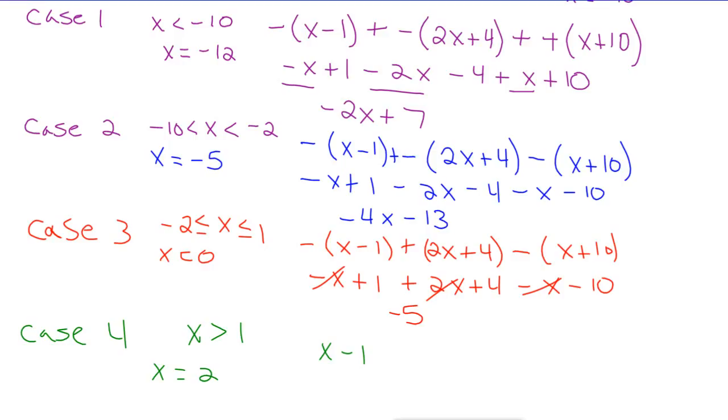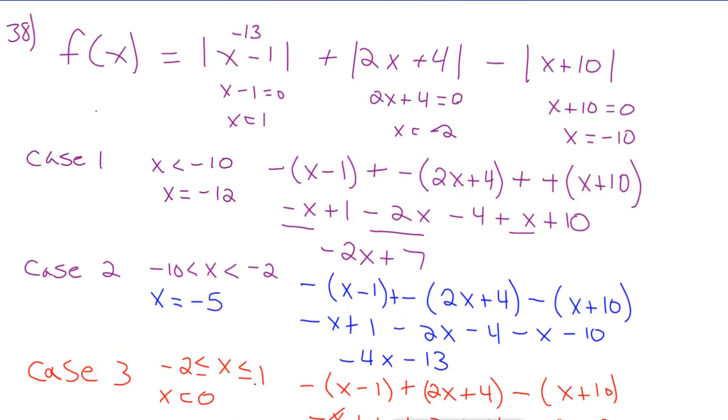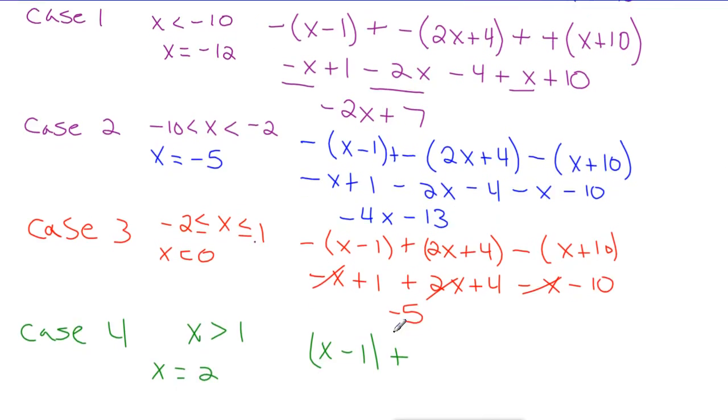Then check our next expression. So let's go back up here. So we have the plus. And if we put a 2 in for this next expression, 2 times 2 is 4, plus 4 again is 8. Since it's already positive, we're going to leave that alone. It'll stay 2x plus 4.